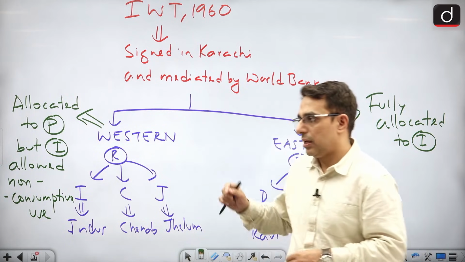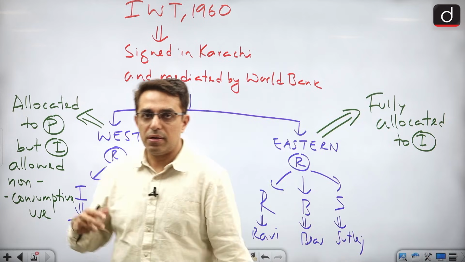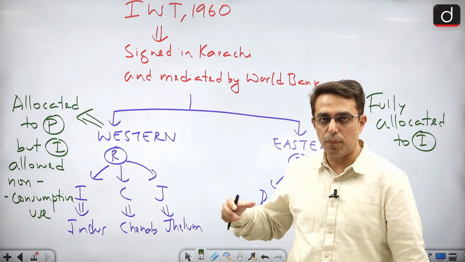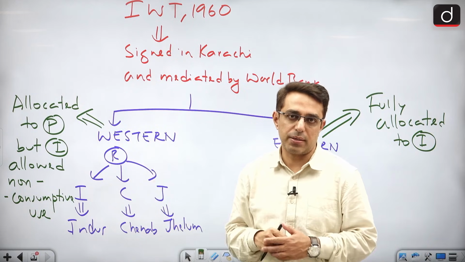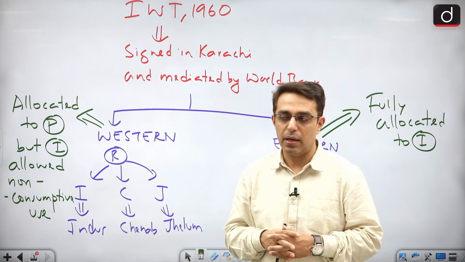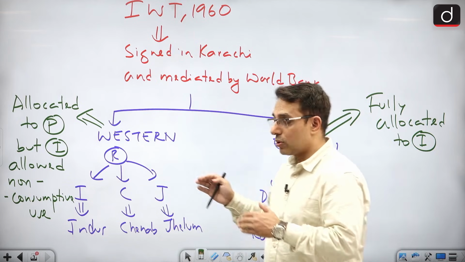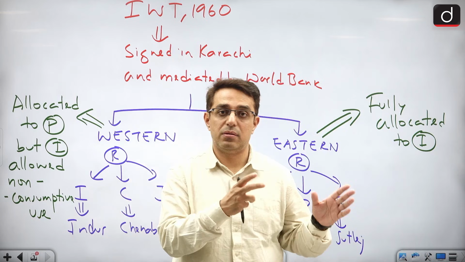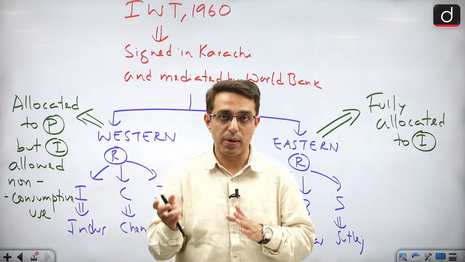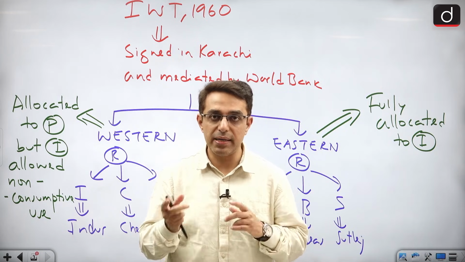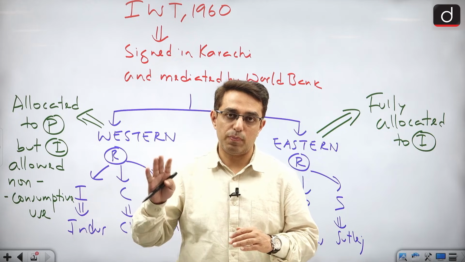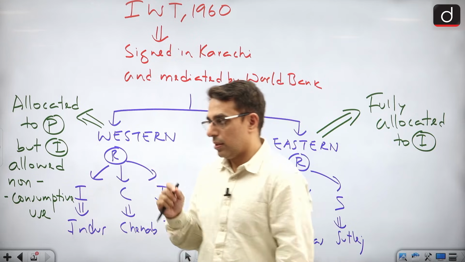That means that the flow of the western rivers should remain constant for Pakistan. It should not diminish. So India cannot store the waters of these western rivers. India cannot divert the water of these rivers from going to Pakistan. That is not allowed. But India can make use of these waters. But overall, the flow to Pakistan should remain constant.